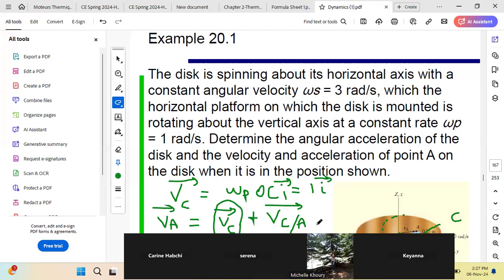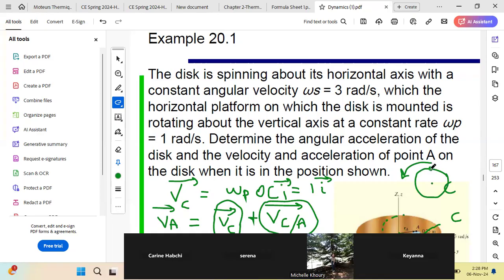Now, to calculate the velocity relative to C, how to do it? You say, relative to the point C, I have rotation about a fixed axis. So this is C, and A is here. And I have rotation in this direction.